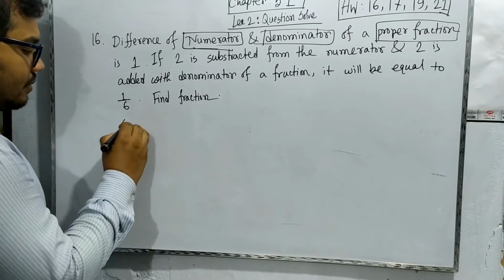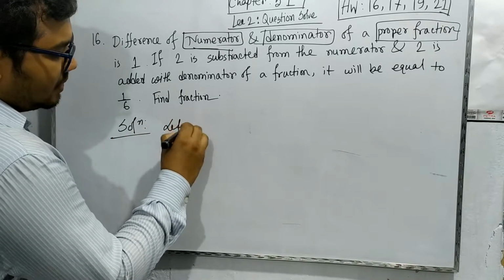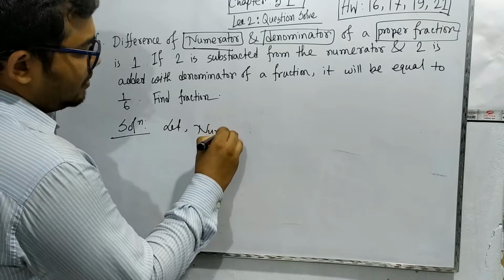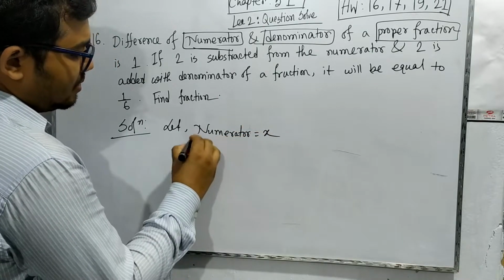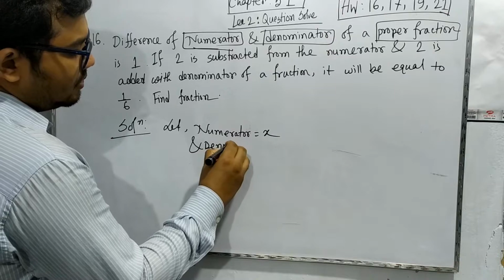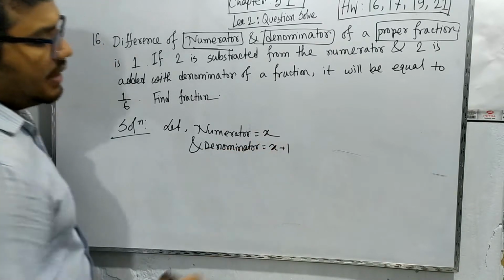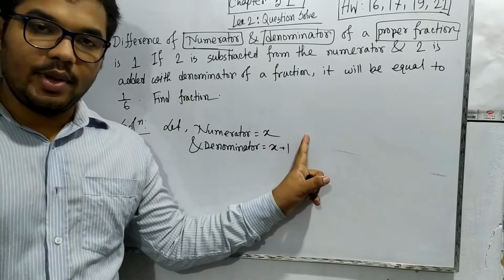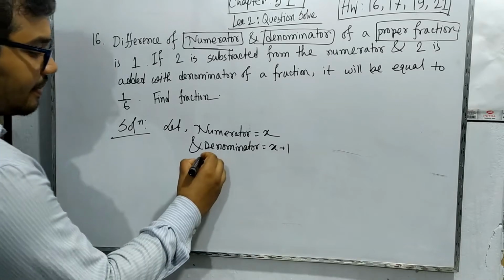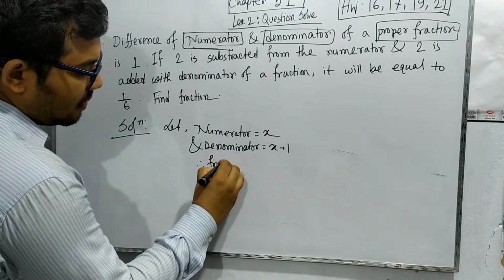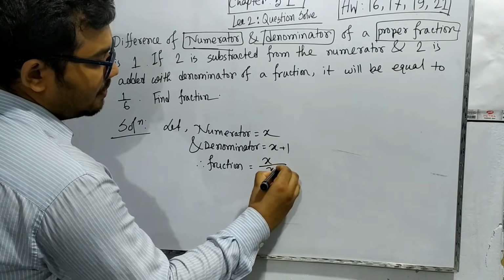So let our numerator equal x and the denominator be x plus 1. This is the numerator and this is the denominator. So what will be our fraction? The fraction must be x by x plus 1.